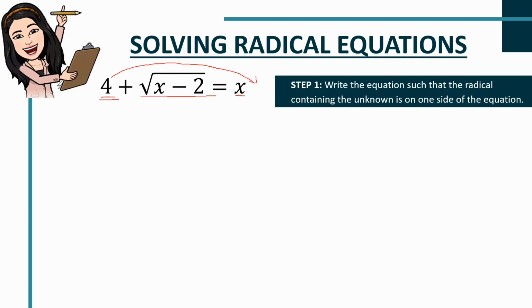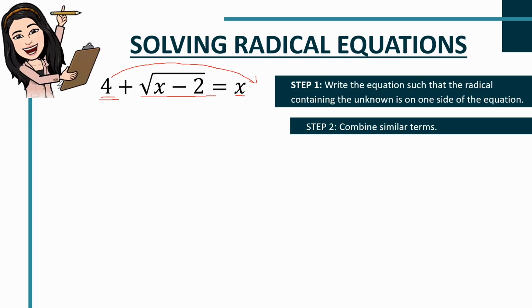So transposing 4 to the other side, that will become square root of x minus 2, kinopya lamang natin, equals, si x, kinopya lang din dun sa isang side, and then si positive 4 ay magiging negative 4. Do you understand?